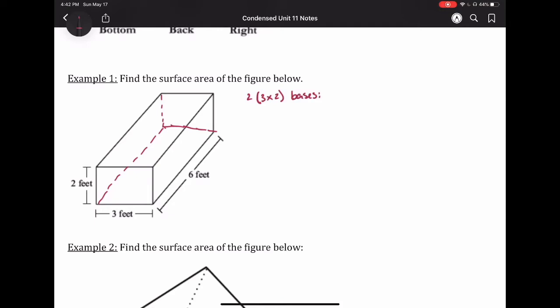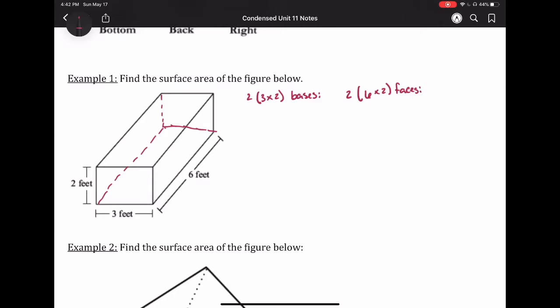I have my rectangles that follow the 2 feet tall by 6 feet long height. So I end up with, let's write that as 2 6x2 faces.